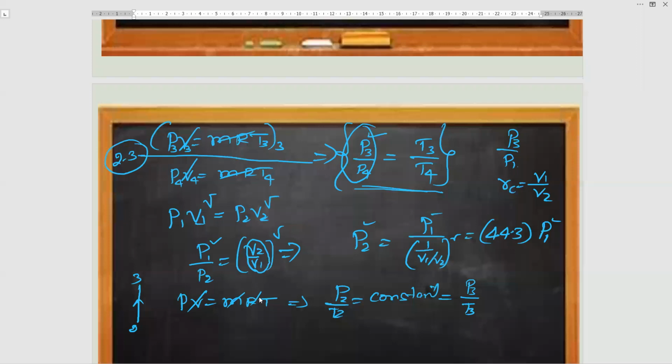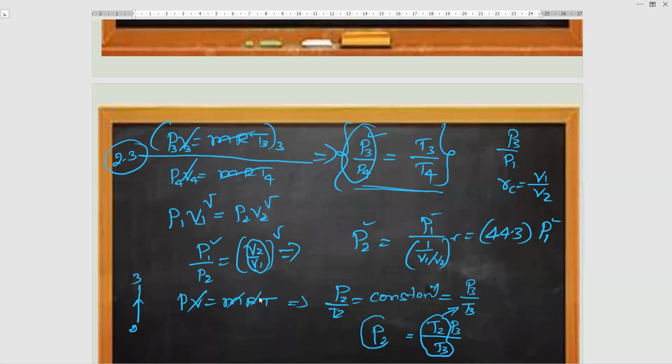Now using this equation, you calculate P2. P2 is equal to T2 times P3 divided by T3. Why am I using this? I need this ratio, and T2 I know. So how much is the value of P2?